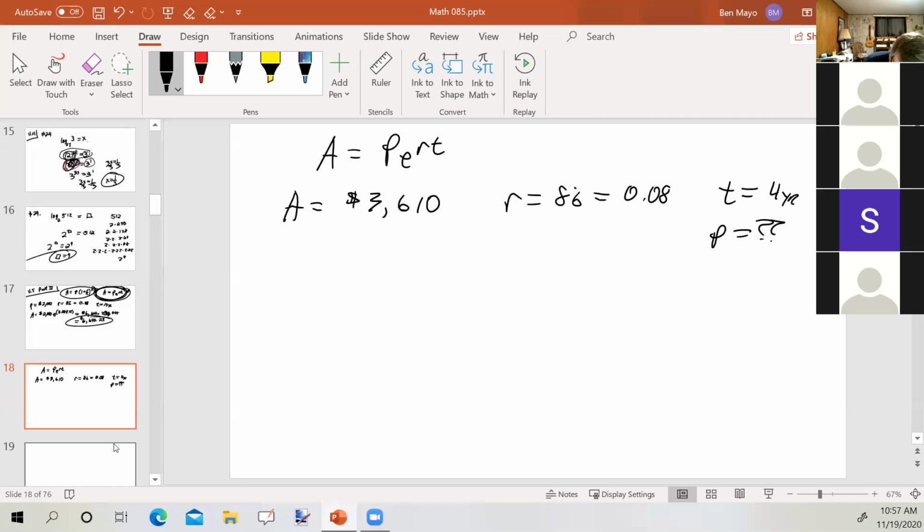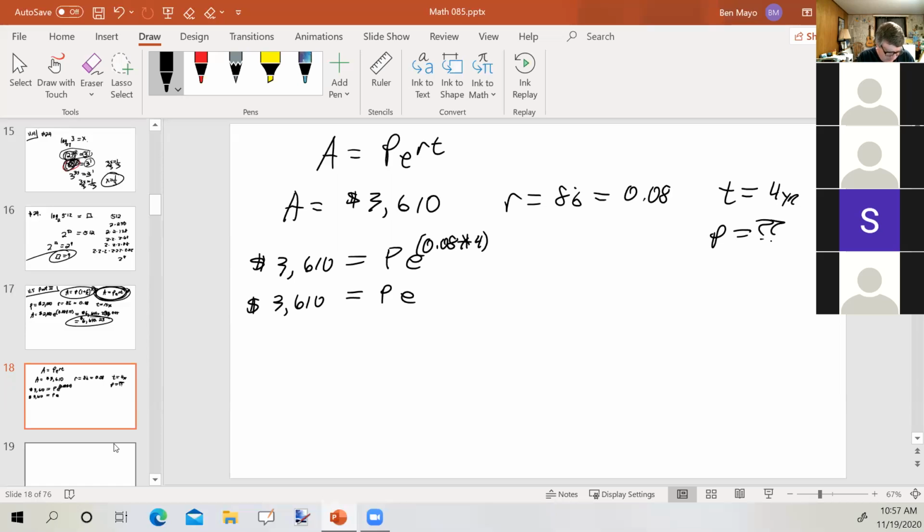So now filling in the numbers, I get 3,610 equals P times e to the 0.08 times 4 power. Because I'm going to solve for something on the right that's mixed up, I'm going to go ahead and simplify this further.